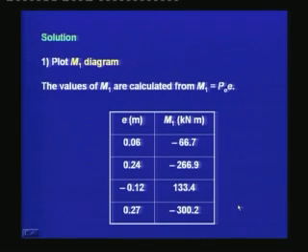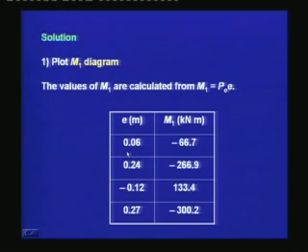First, we are plotting the M1 diagram. The values of M1 are calculated from M1 is equal to PE times E. PE is known. For the given values of the eccentricity, we are able to calculate M1, and these M1 values are of opposite sign to that of the eccentricity.